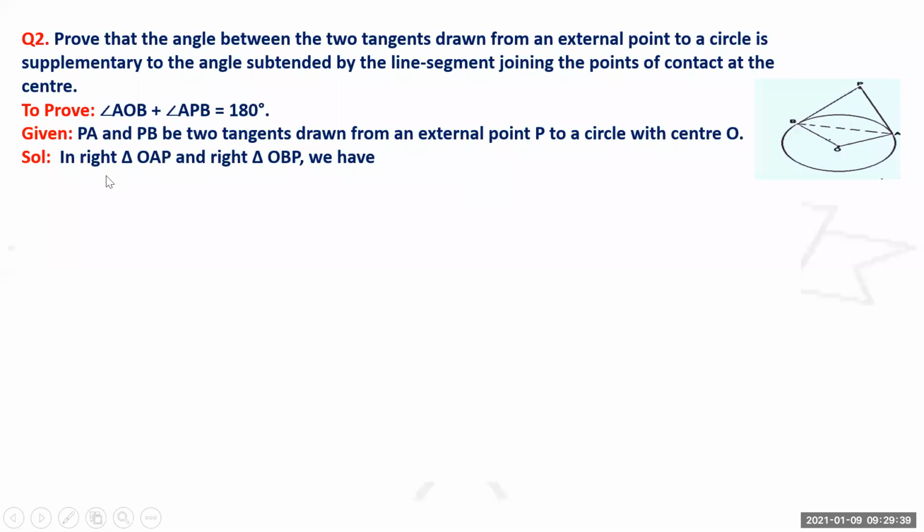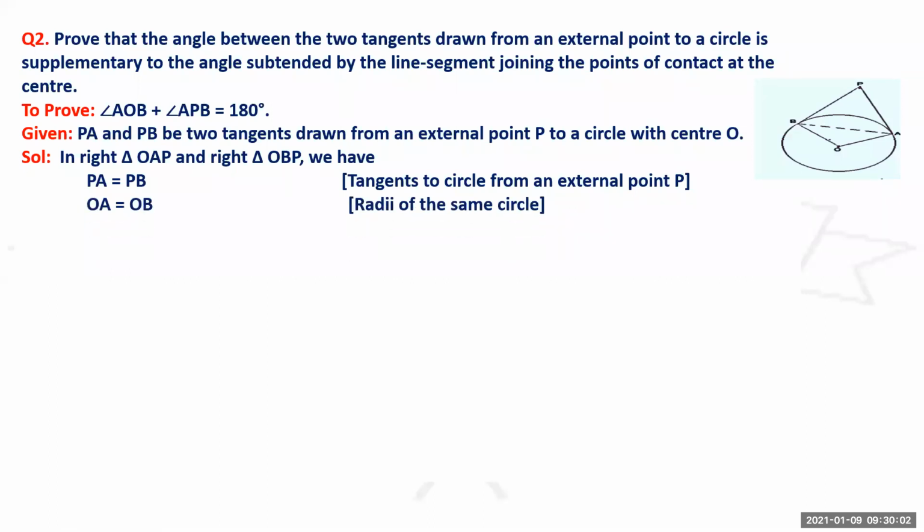Now check. In right triangle OAP and triangle OBP, what we have? PA equals PB, tangents to the circle from the external point P. OA equals OB, radii of the same circle.